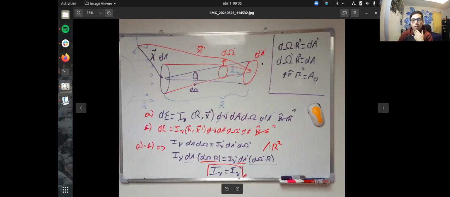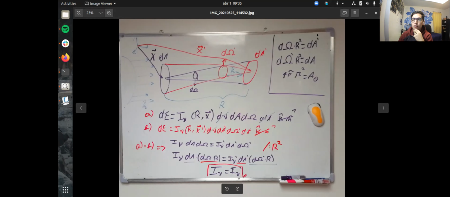And the second area element, which doesn't have to be the same area element, is on this other position, X prime, and is used on this other solid angle element. Now the relation between these 2 area elements is right here.